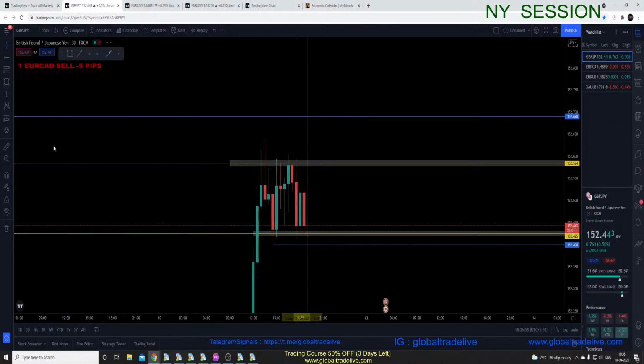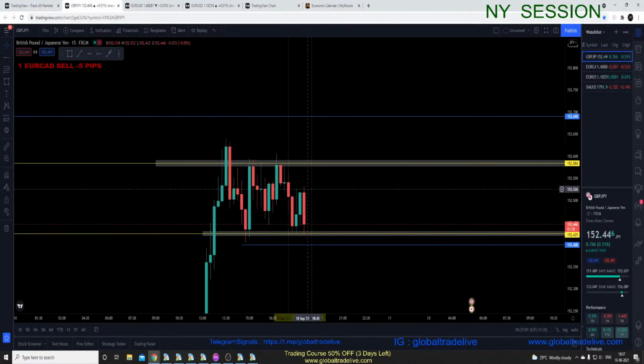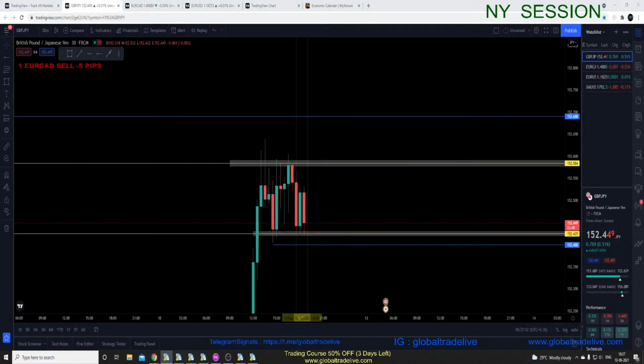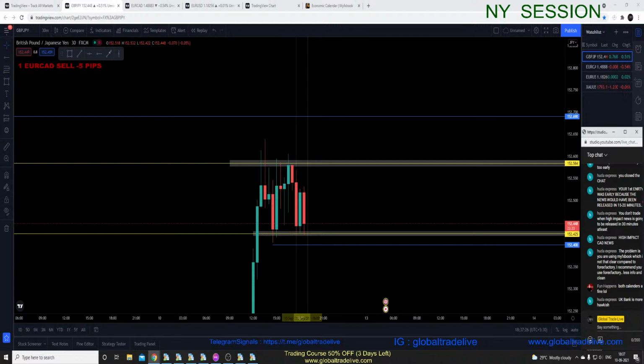Let's have a look at the 15 minutes over here. So the thing is, the current 30-minute candle just broke the high of the previous candle and just broke the low of the previous candle.